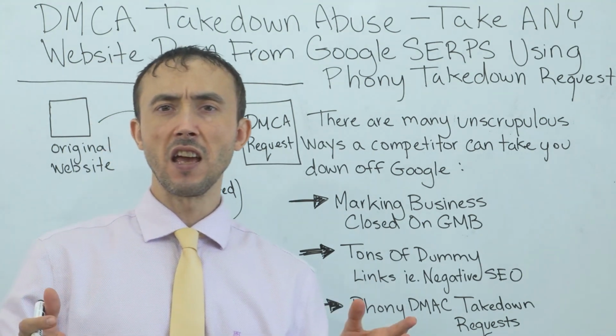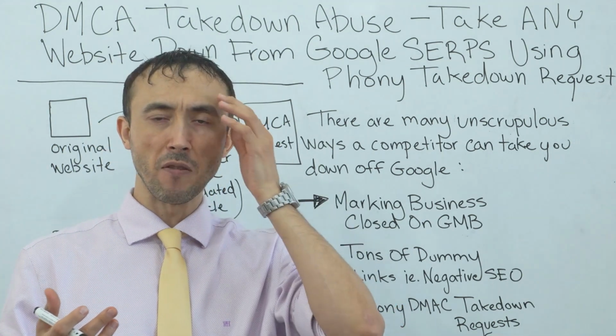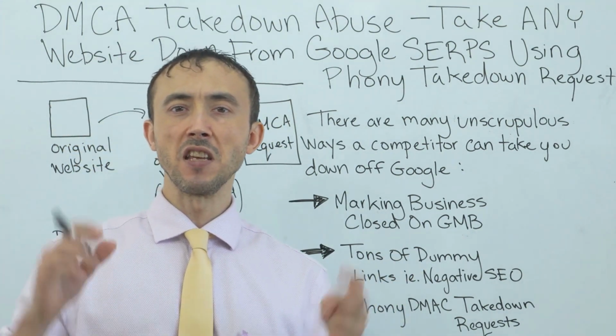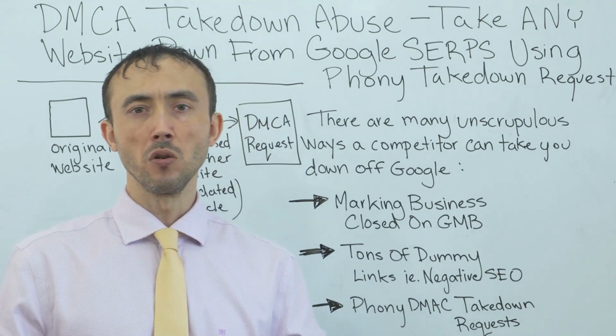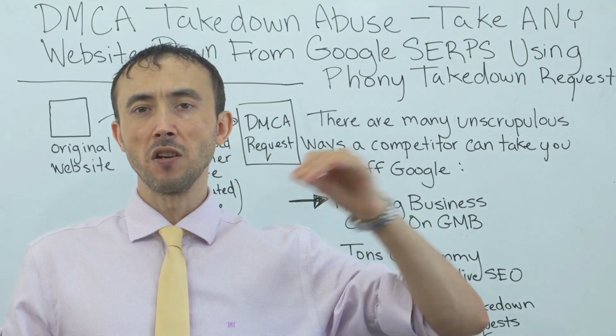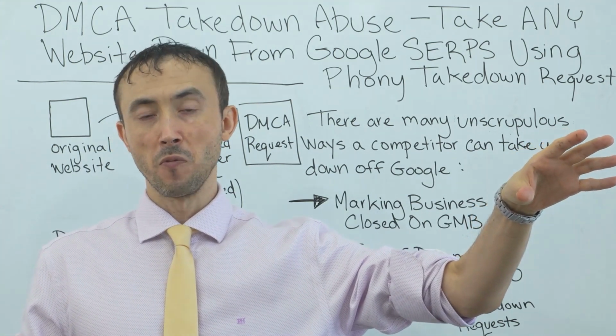Because it's so hard to take someone to court for copyright infringement, the laws developed in which they came up with an easy system so that if somebody's infringing on your copyright, you could get that material taken off the web with very little effort.